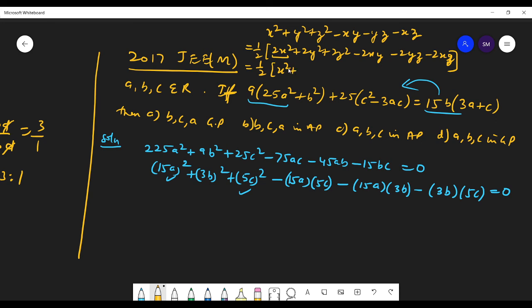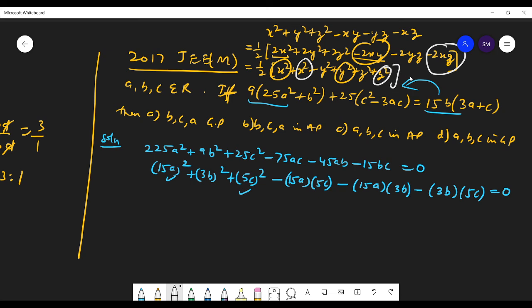So x square plus x square, y square 2 times, so y square plus y square, z square also 2 times. And then you have minus 2xy. So x square plus y square minus 2xy, right? And then you have x square plus z square minus 2xz.